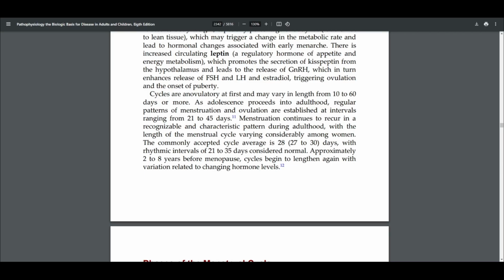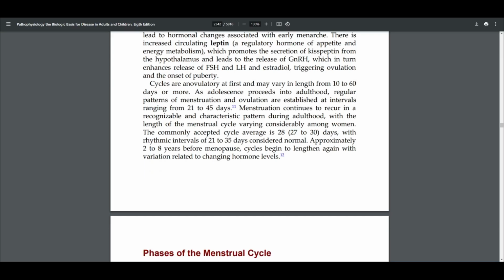Menstruation continues to recur in a recognizable and characteristic pattern during adulthood, with the length of the menstrual cycle varying considerably among women. The commonly accepted cycle averages 28 days, with rhythmic intervals of 21 to 35 days considered normal. Roughly 2 to 8 years before menopause, cycles begin to lengthen again, with variation related to changing hormone levels.